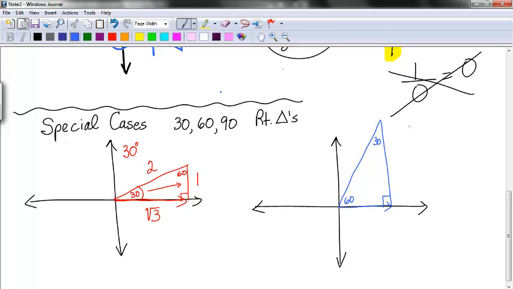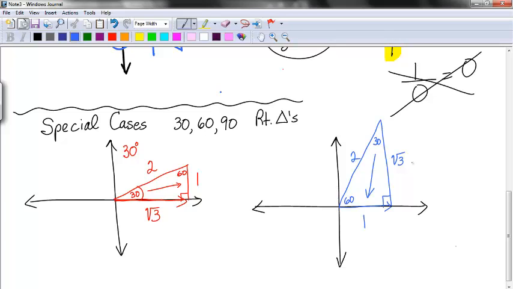Standard labels in trig: the side opposite the 30 is 1. The hypotenuse is twice that shorter leg, 2. The longer leg is radical 3 times the shorter leg, so radical 3.